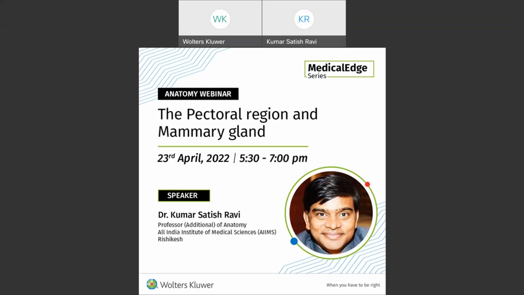This parenchyma is divided into different lobes, basically 15 to 20 lobes, arranged in a radial fashion, like the spokes of a wheel, which you have seen in wheels. These 15 to 20 lobes are arranged radially, and they converge and form the nipple.